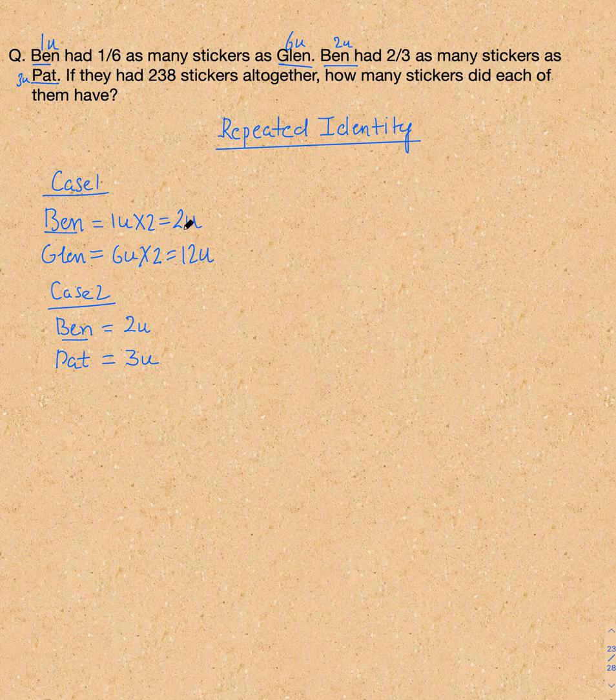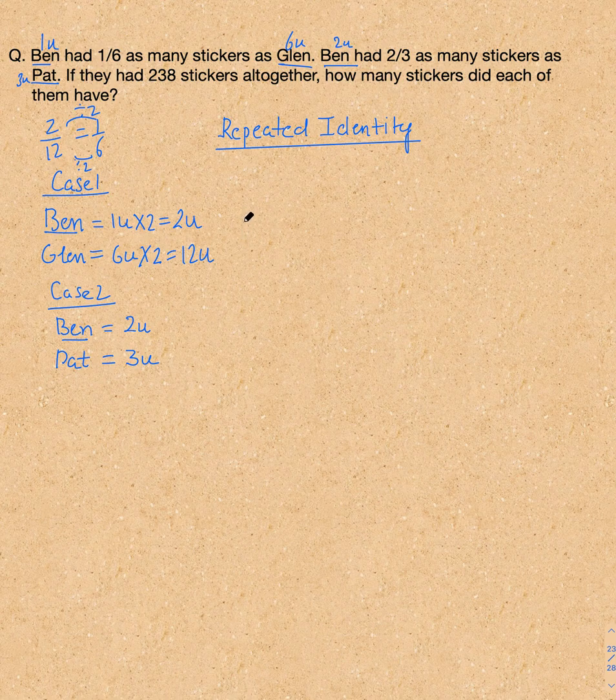It's still Ben is 1 by 6 of Glenn, because 2 by 12 is the same as 1 by 6. If we divide both numerator and denominator by 2, we will get 1 by 6. So that's why we need to multiply both Glenn and Ben's units by 2, not only Ben's. This is something to note.